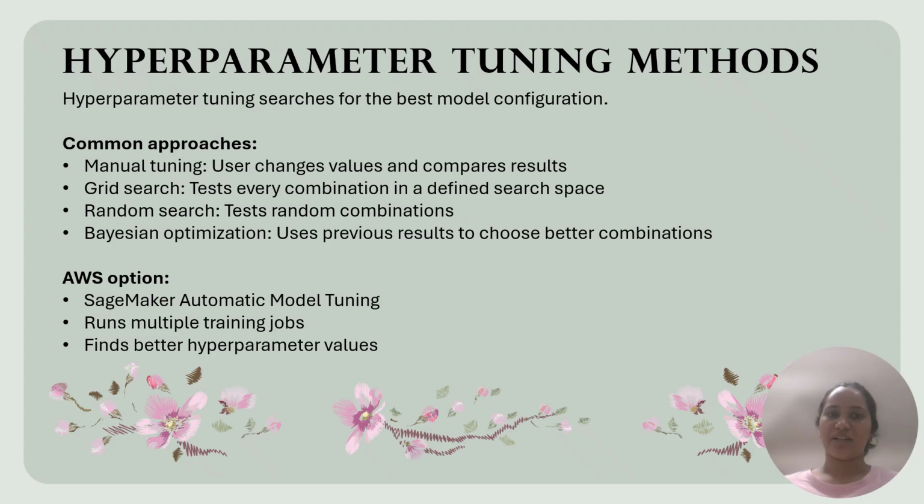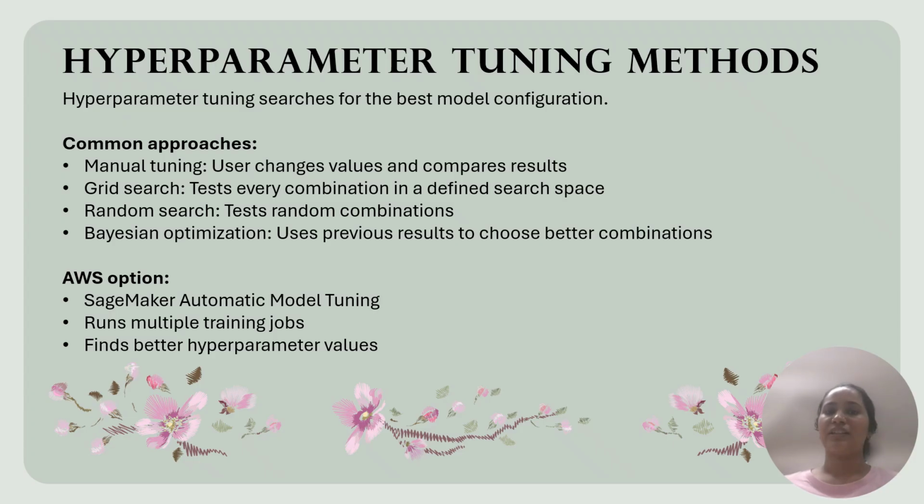Amazon SageMaker simplifies this entire process with SageMaker Automatic Model Tuning. This feature automatically launches multiple training jobs, evaluates their performance using a selected objective metric, and searches for the best hyperparameter values.